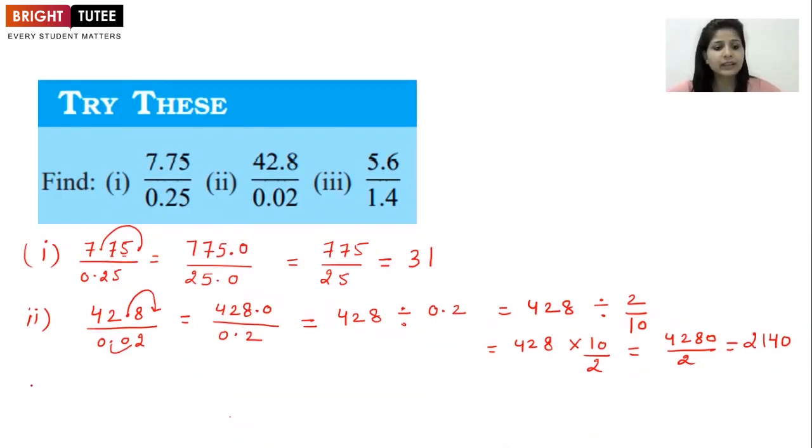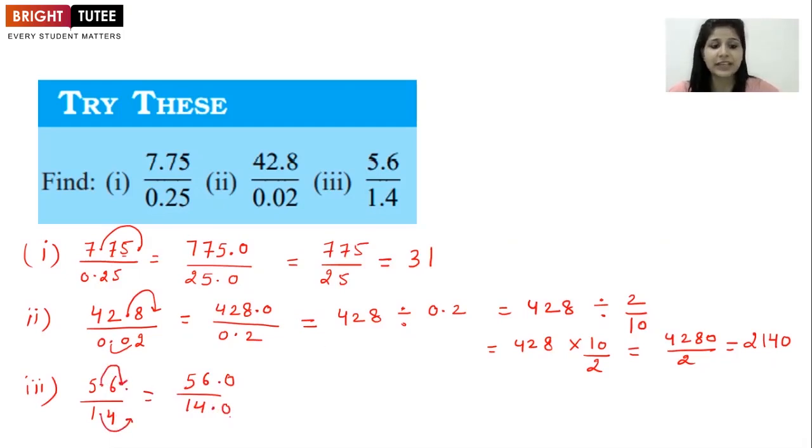Now, in the third part, we have 5.6 to be divided by 1.4. As the number of decimal places is the same, we can shift by one place, and we will get 56.0 and 14.0, because we shifted this here and this here.